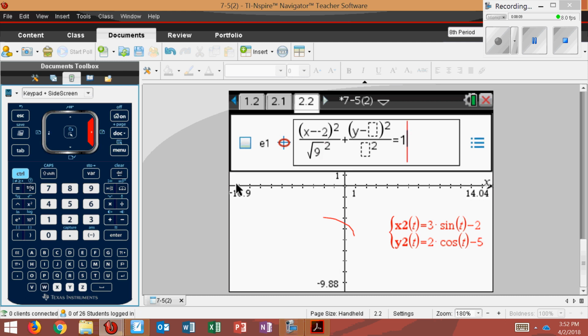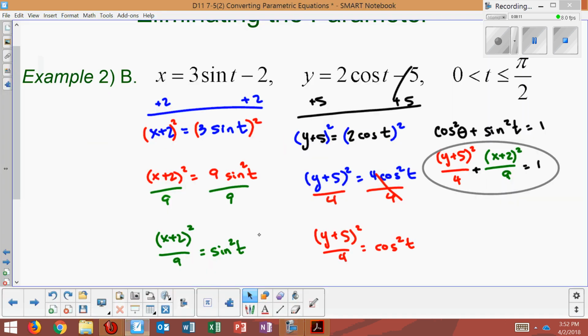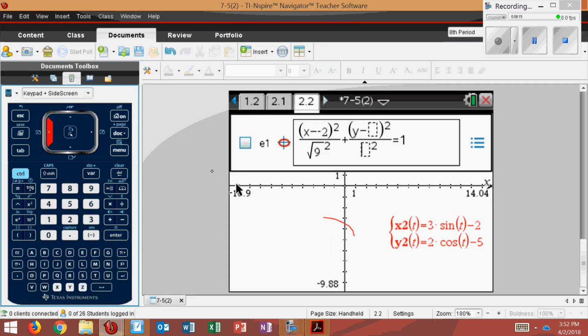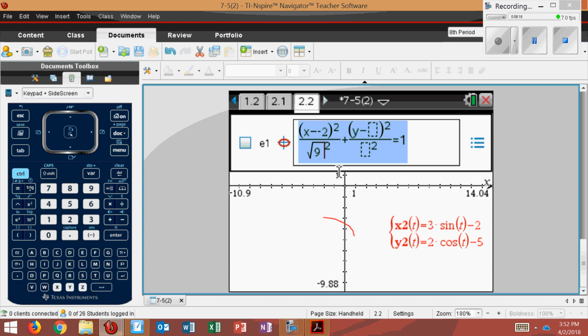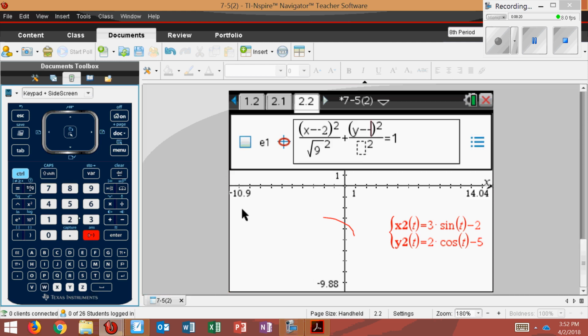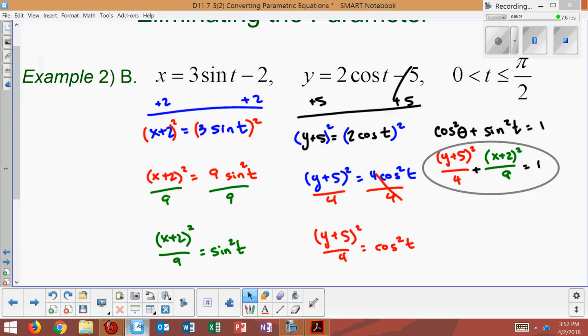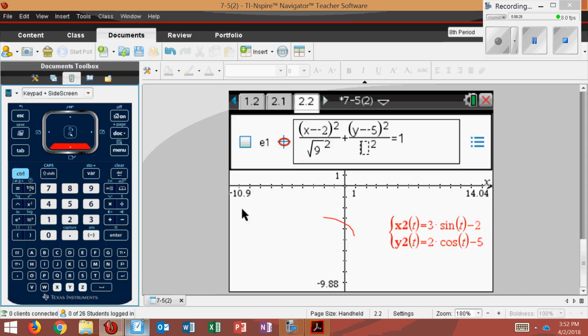Then we come over to the y equation, and it was y plus 5 over 4. So it's y, the minus is already there, and so I want to do minus 5. That'll make that turn positive, over, and I believe it was 4 in the denominator. So instead of 4, we're going to put square root 4. That way they can cancel out when I press enter.